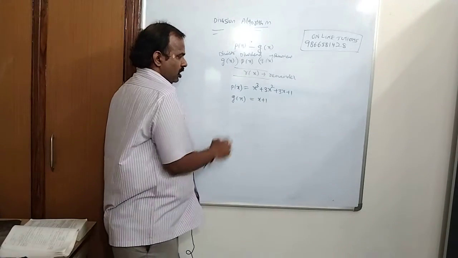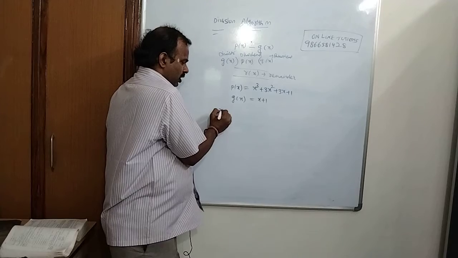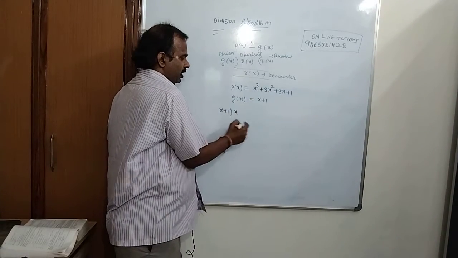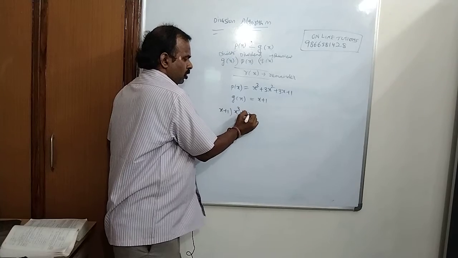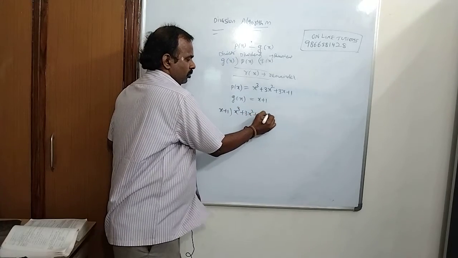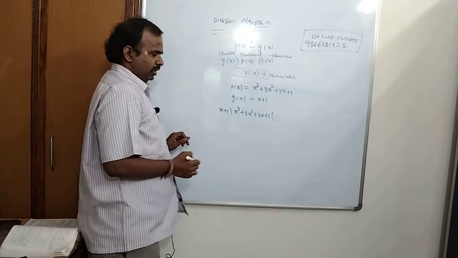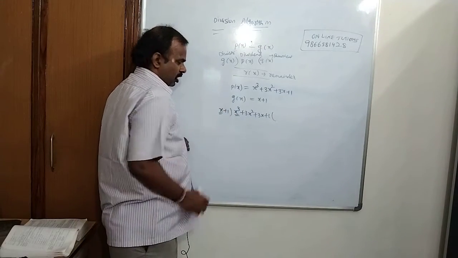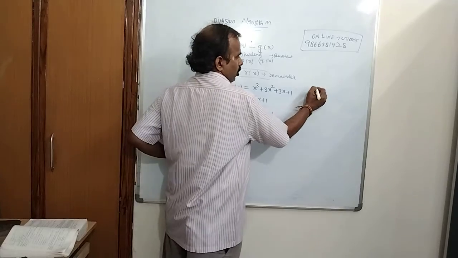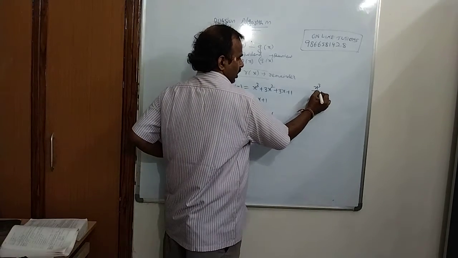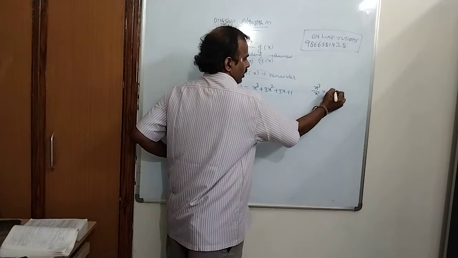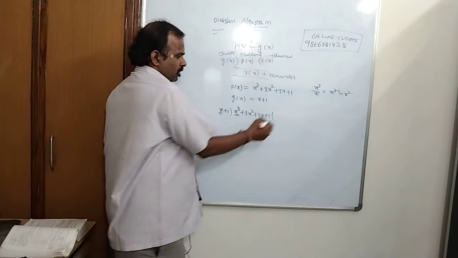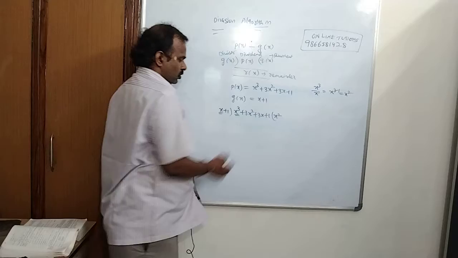Now how to do this division? x plus 1 will be the divisor and this will be the dividend, x cube plus 3x square plus 3x plus 1. Take the first term x cube and the first term in the divisor, and divide them: x cube by x, x power 3 minus 1, that is x square. So write here x square.